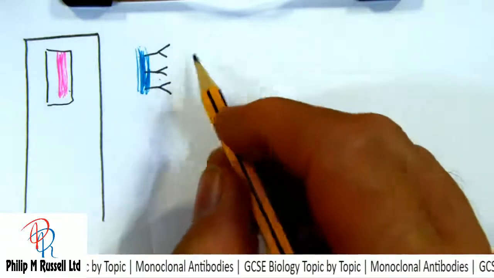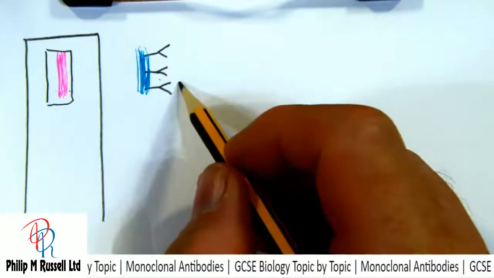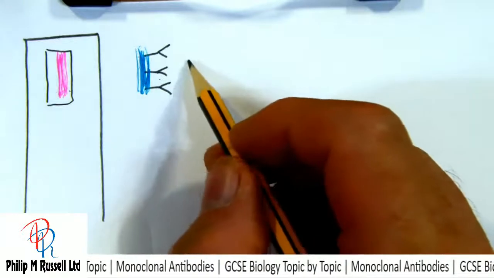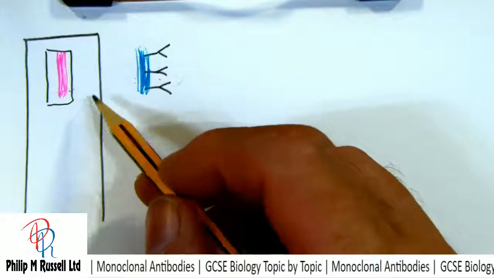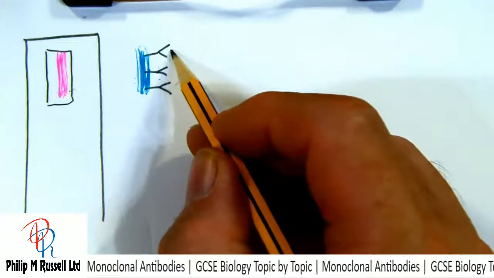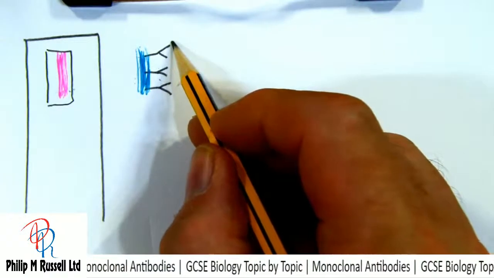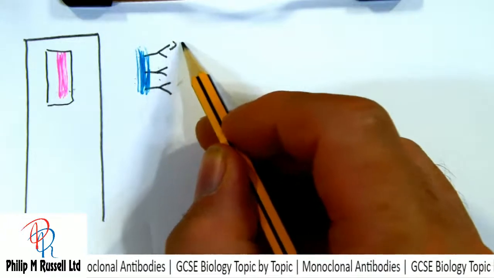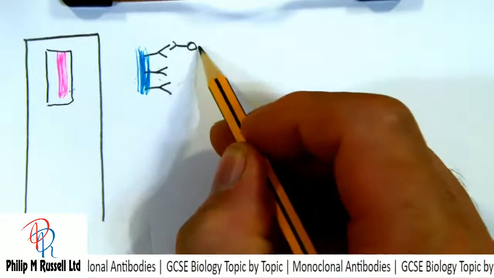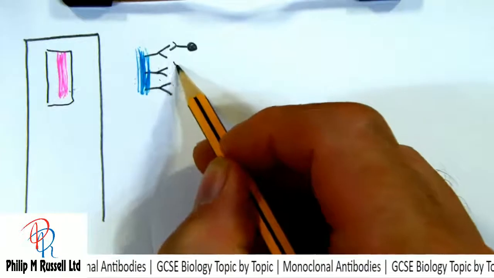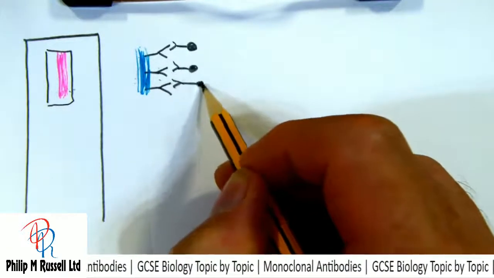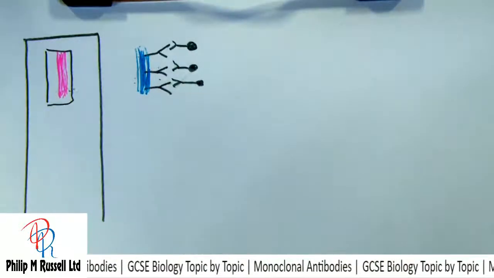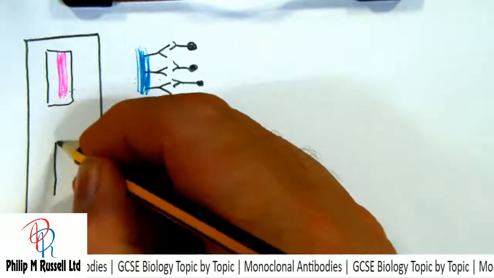So any of those in excess here form a coloured line whether the woman is pregnant or not. So these excess mobile antibodies can join on.